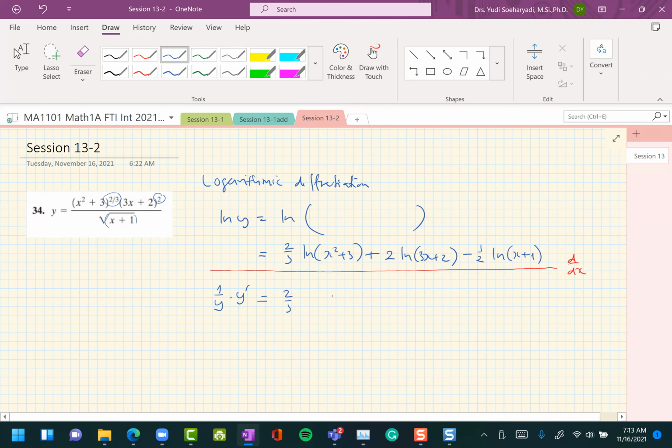You have 2/3, put everything inside the ln in the denominator, and the derivative on the numerator. So the derivative of x squared is 2x. Here we have 2 times the derivative of 3x plus 2, which is 3. And this is 1/2 over x plus 1, the derivative of x plus 1 being 1.